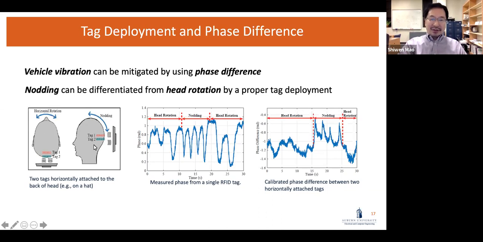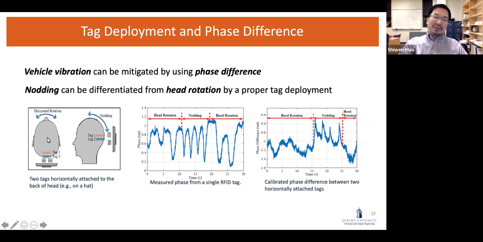The idea is to use a simple tag deployment. We put two tags horizontally parallel on a hat, the driver wears the hat, and the reader is put at the back of the driving seat.